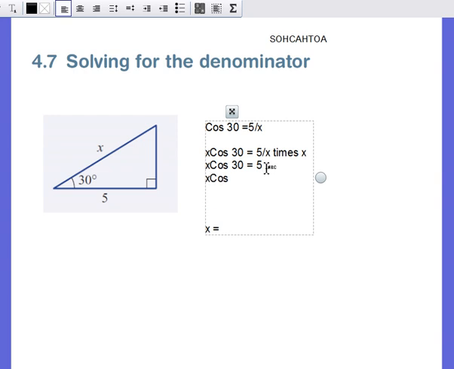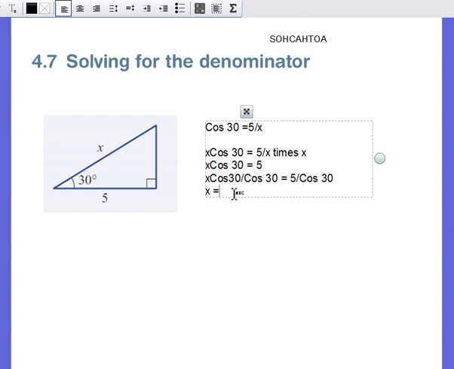So x cos 30 divided by cos 30 is equal to 5 divided by cos 30, and I have to divide this side by cos 30 as well to make the two sides balance. So cos 30 divided by cos 30 cancels out, so I'm left with x is equal to 5 divided by cos 30.